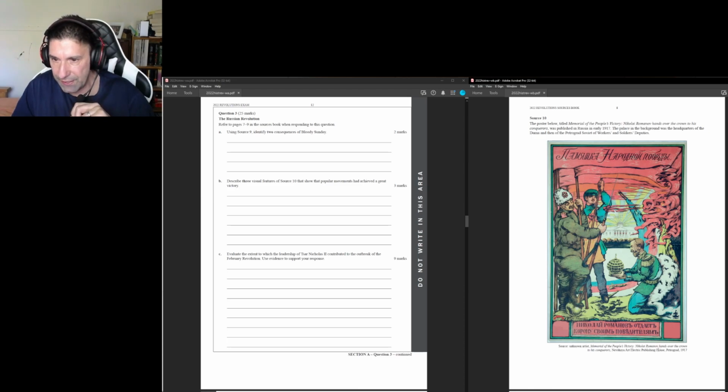We've got source details here, okay? It's important to understand sometimes you'll need to refer to the date when a source is created, and particularly with images such as this. Sometimes they'll have the date of when the image was created, and we can see here we've been given it up here, published in early 1917.